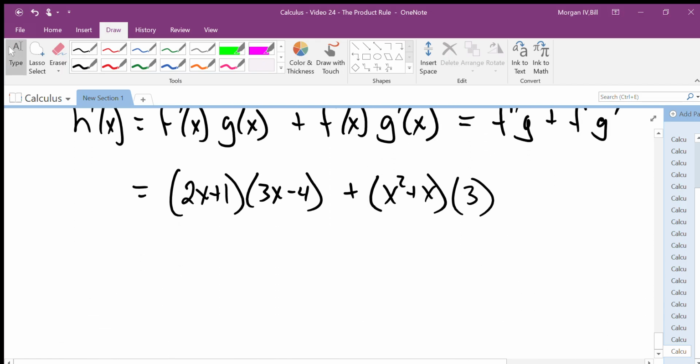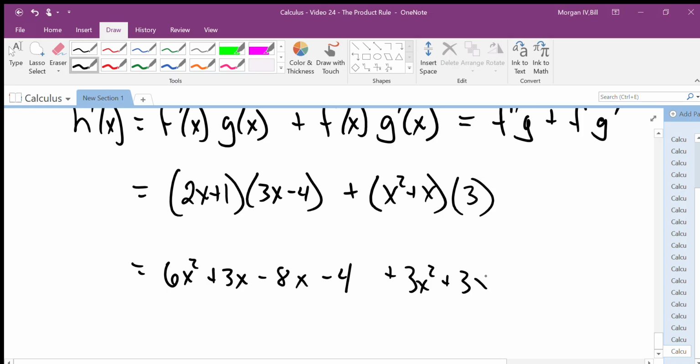And then if we distribute here, that's the derivative, but that's not very simplified. Let's distribute the terms. So 3x times 2x is 6x squared. 3x times 1 is 3x. 2x times negative 4 is negative 8x, and 1 times negative 4 is negative 4. On the right-hand side, 3 to both of those terms would be plus 3x squared and plus 3x.